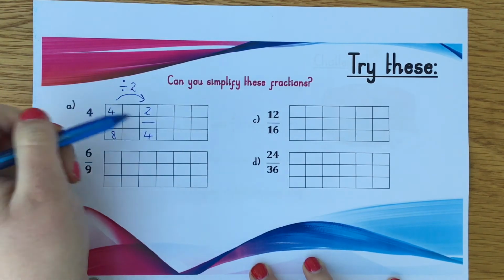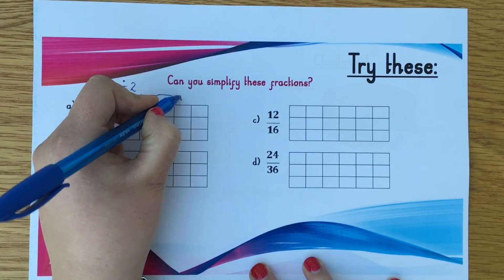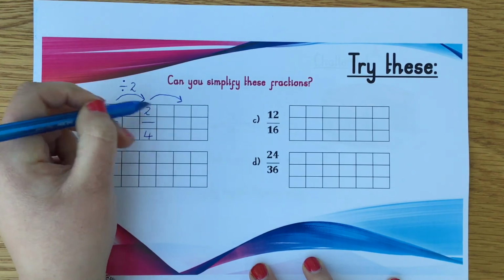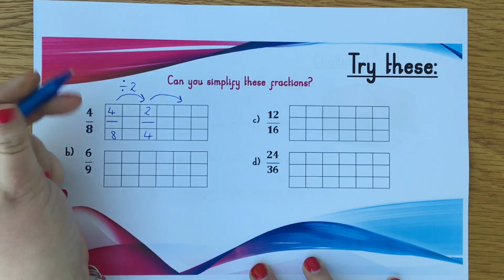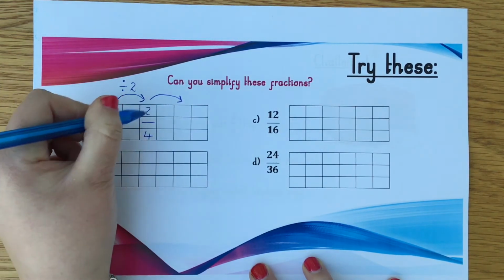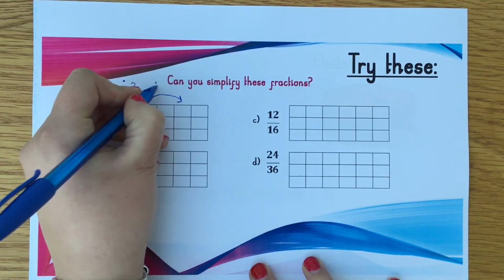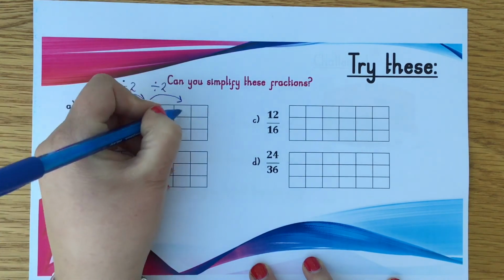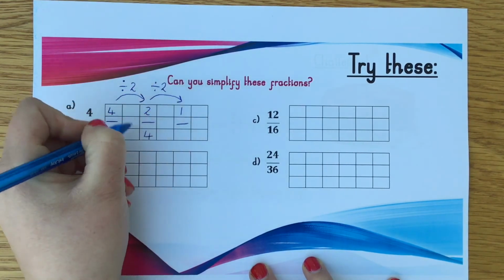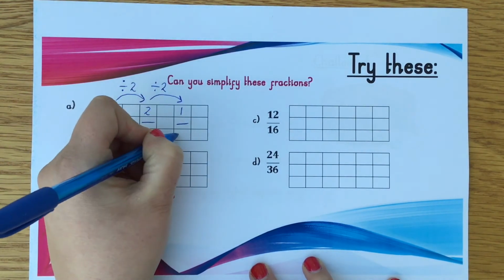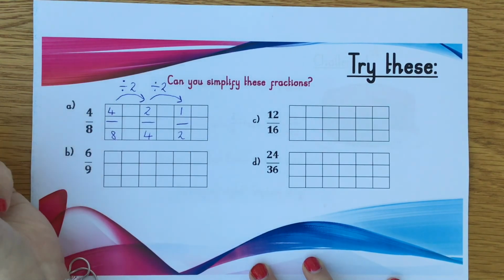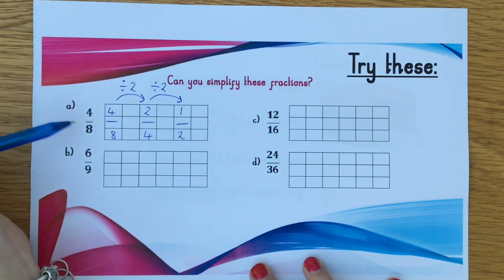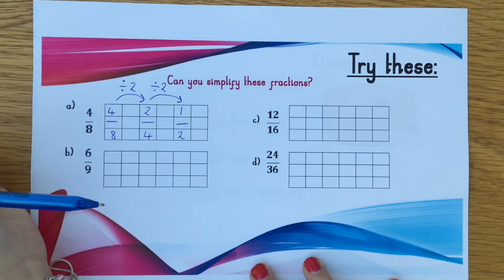And hopefully you identified that the fraction 2/4 can be simplified even more than that. And both of these can be divided by 2 again equally. So 2 divided by 2 is 1. And 4 divided by 2 is 2. So the simplest form of 4/8 is a half.